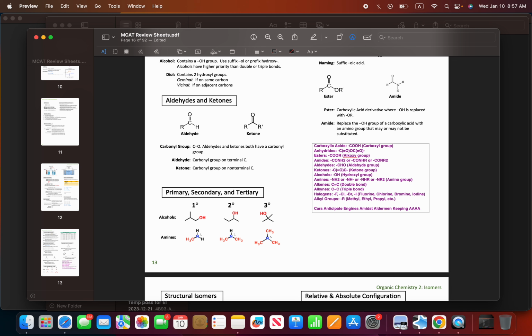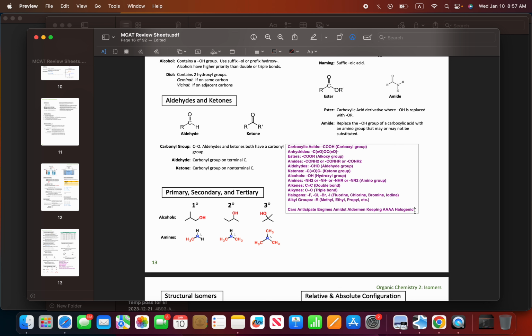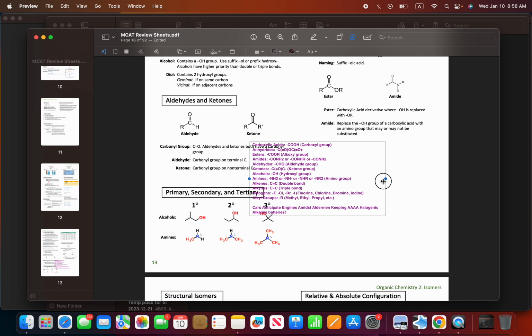Quadruple A. Halogenic. Alkaline batteries. That might actually do the job.